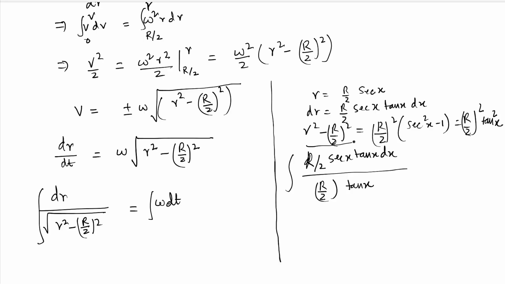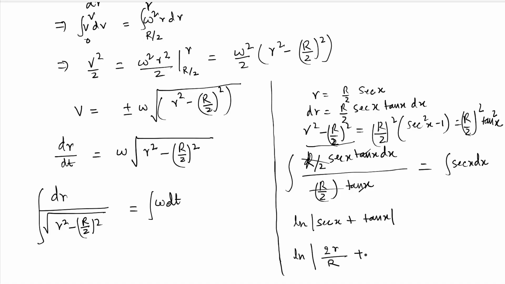Remember, this is inside the root, right? So the r by 2 tan x will cancel out. It will simply become sec x dx, and sec x dx is nothing but ln of sec x plus tan x.